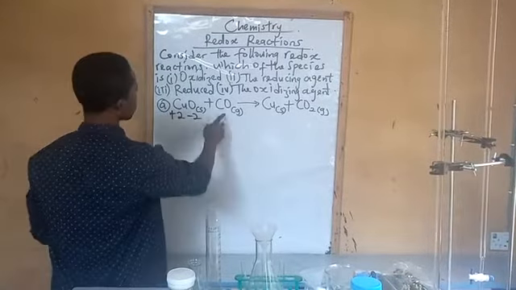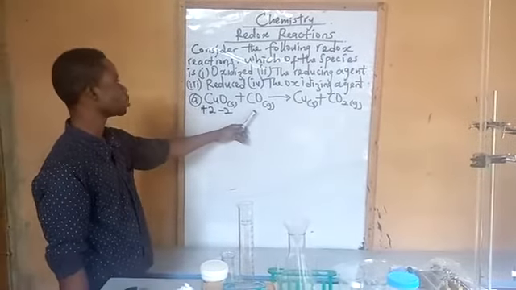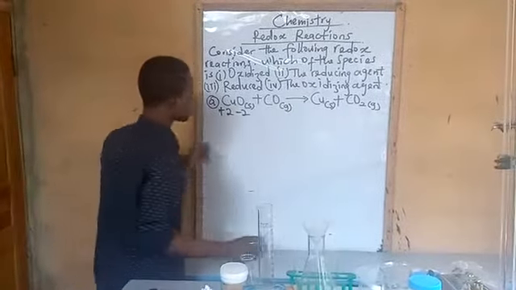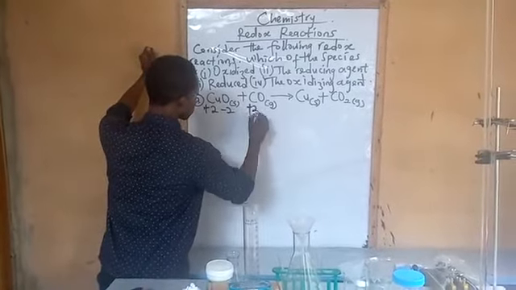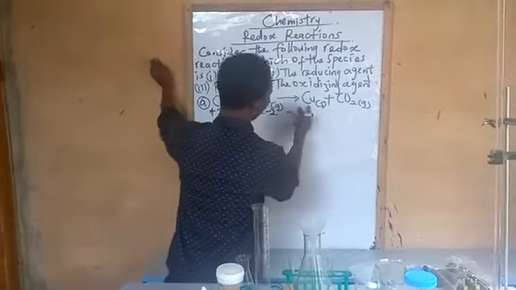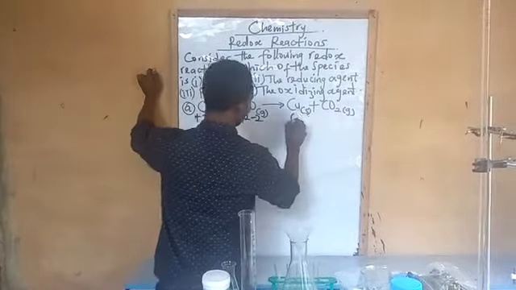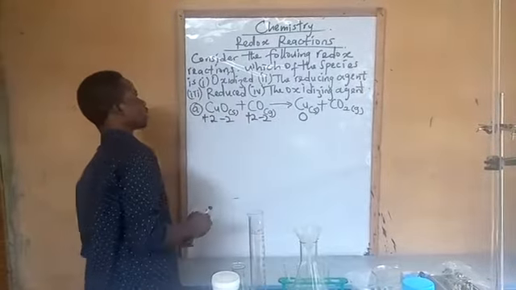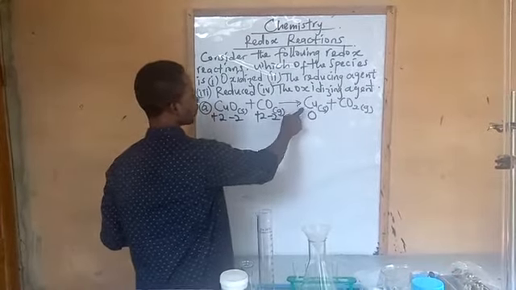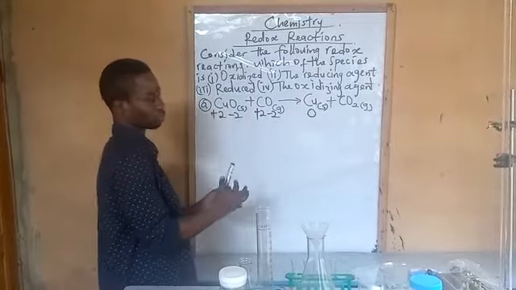And this one is carbon monoxide, that is carbon 2 oxide, carbon is +2 and oxygen -2. This one is copper at its ground state, solid state, that's 0. Anytime you want to balance a redox reaction like this, you write the oxidation numbers. Anyone that stands in its ground state, the solid state, without any reactions, that's 0.